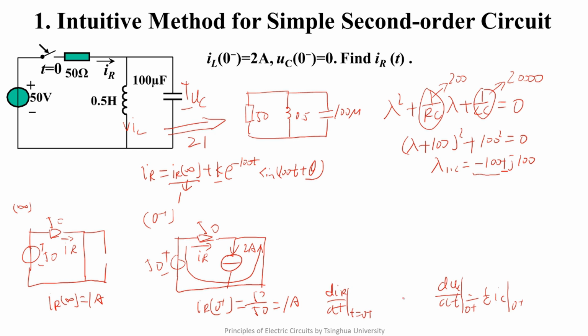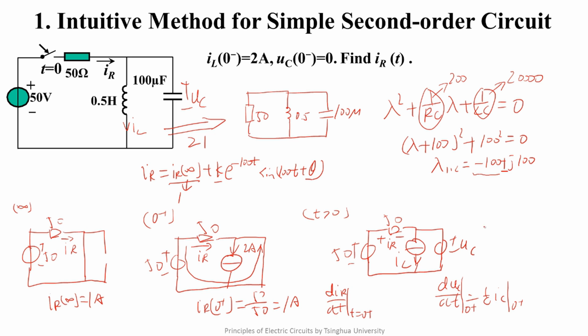Specifically, it's like this. We might as well draw the equivalent circuit after switching, where the capacitor has been replaced with a voltage source and the inductor has been replaced with a current source. We need to know that iL and uC are unknown variables, but no matter how they change over time, they can all be replaced with a current source and a voltage source.